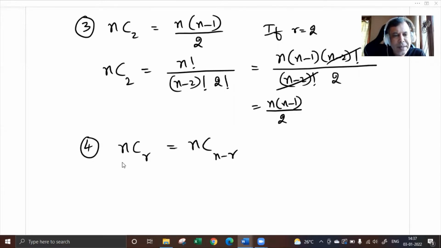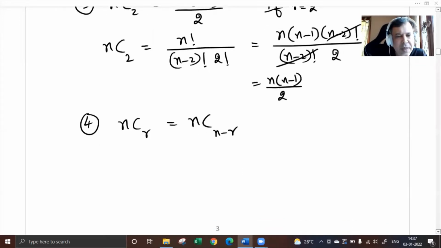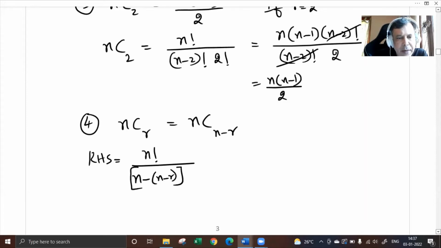Next to prove is nCr is equal to nC(n minus r). Let us start with the right hand side first. Right hand side is nC(n minus r). If I expand it using the formula, we get n factorial divided by (n minus (n minus r)) factorial into (n minus r) factorial.